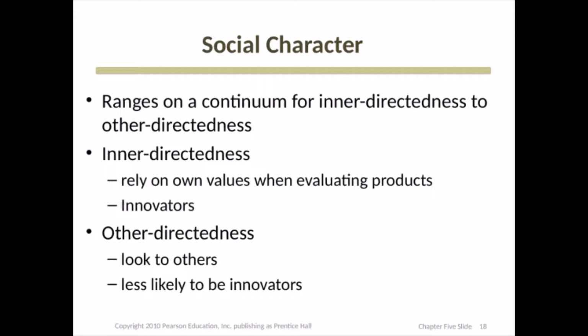The third character or the third personality trait is known as social character. أوكي، هي جاية أساسا الأوريجين بتاعها from the social research, which is focusing on the classification of individuals into socio-cultural types بخصوص العلاقات الاجتماعية بتاعة الكونسيومر.